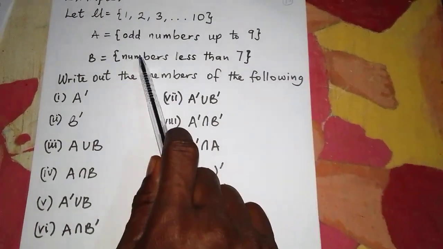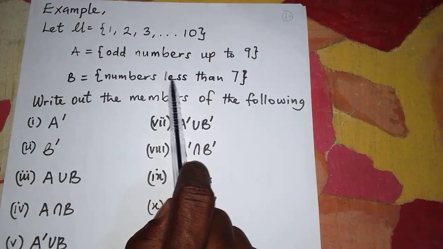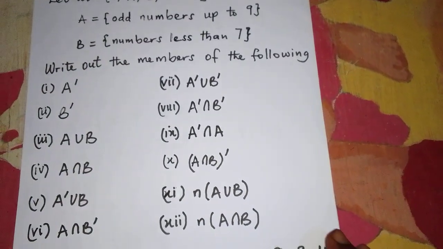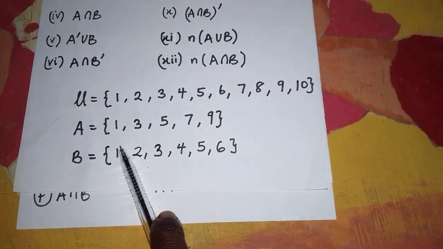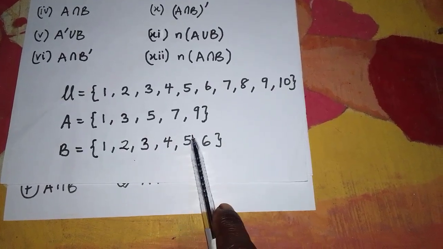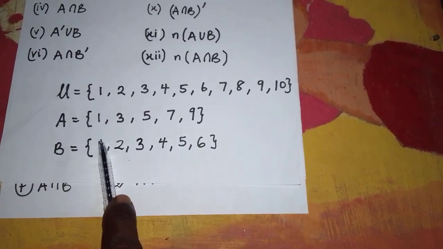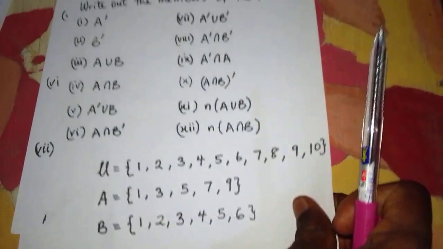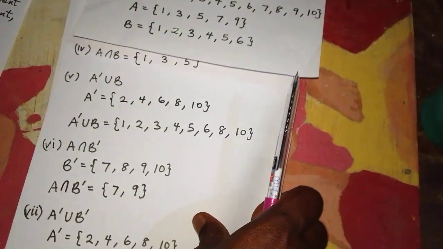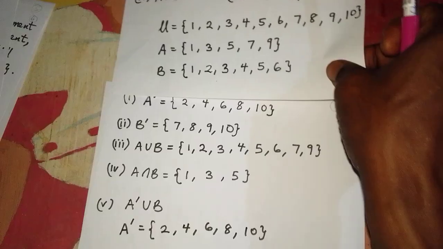Then in set B, we say set B are numbers less than 7. So what are the numbers that are less than 7? We have 1, 2, 3, 4, 5, and 6. So these are the elements of set B. So now, we are told to look for what? A complement.